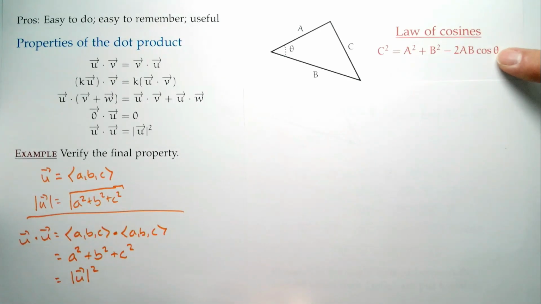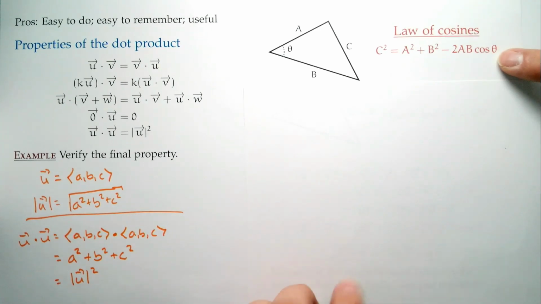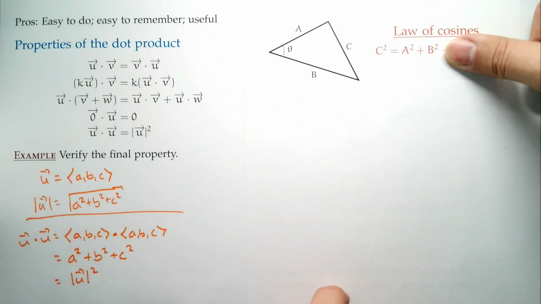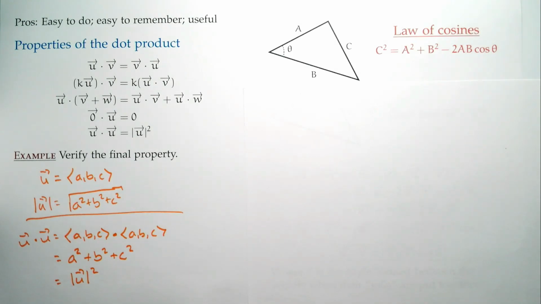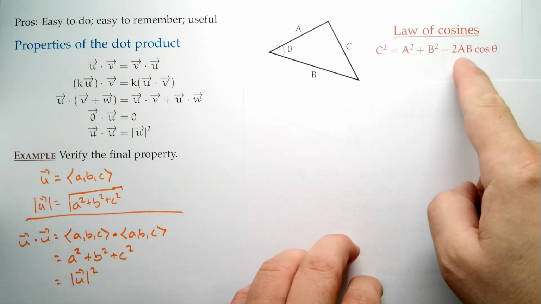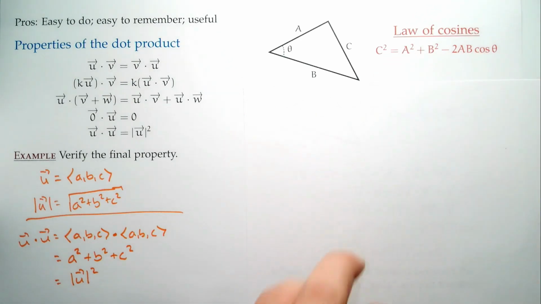If you set theta equals 90 degrees in this equation, cosine of 90 is 0, that part goes away. So you get a squared plus b squared equals c squared. So the law of cosines says, suppose you don't have a right triangle, how do you correct? The correction says a squared plus b squared minus 2ab cosine theta is equal to c squared.